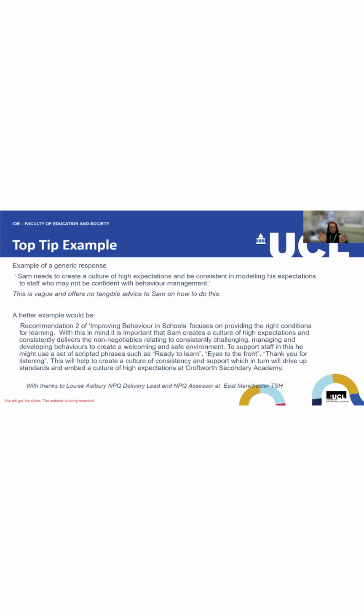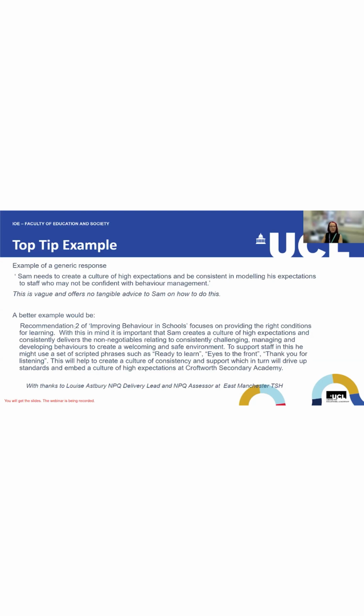So I'll give you a minute to read that improved paragraph. Okay, so you can see here, I've not put EEF or Education Endowment Foundation. In fact, never write Education Endowment Foundation, always write EEF because you've got one word instead of three. I've not said the entire title of the Improving Behaviour in Schools report. I've just condensed everything down.